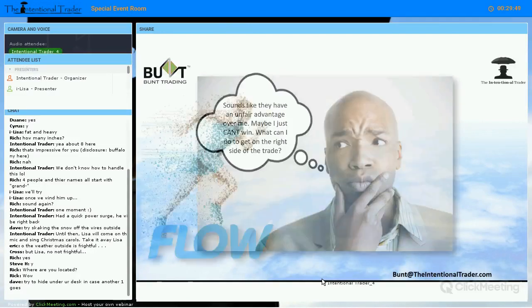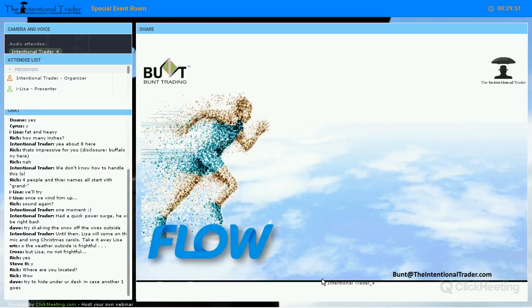So all we've got to do is measure the flow of the orders coming in, not the quantity, but the rate, okay, of the orders coming in and how fast they're coming in. So we're always looking at the rates of flow. And the higher the rate of flow, the more imminent the exhaustion.